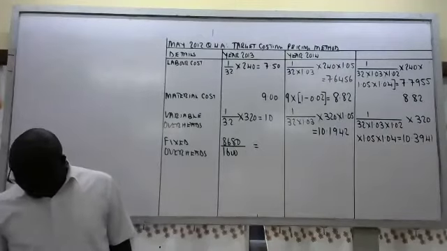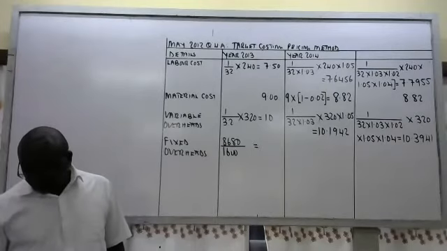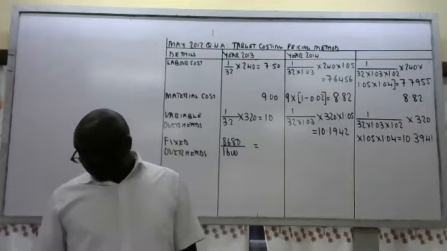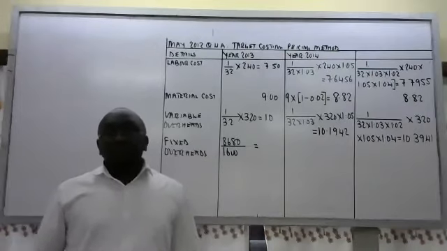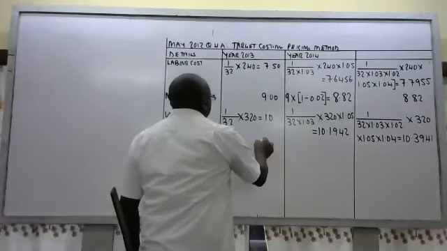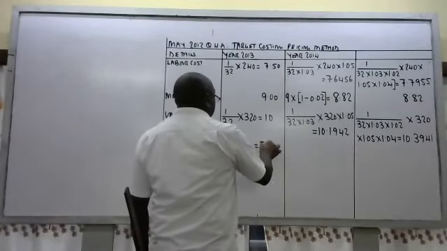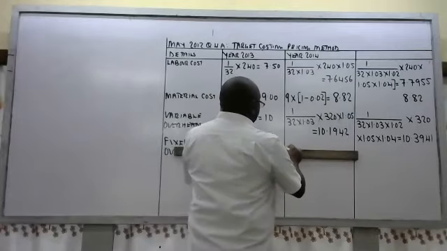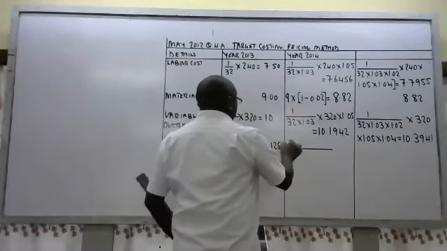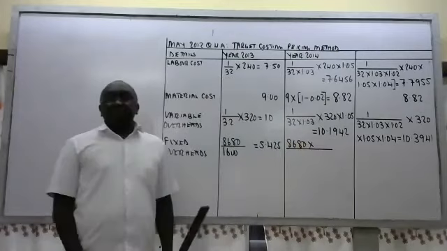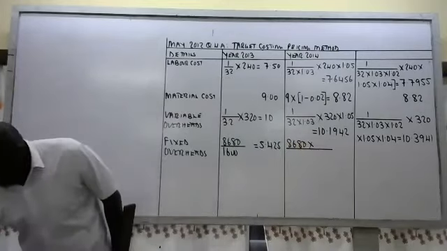The cost per unit is $5.425. Then when you come to the next year, you take 8680 and multiply by the increase.